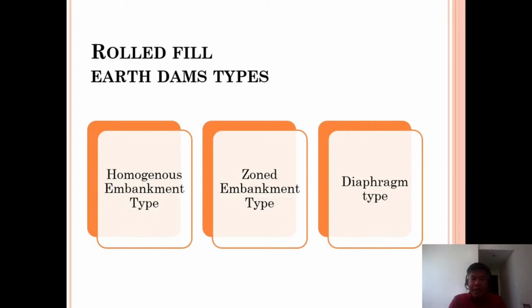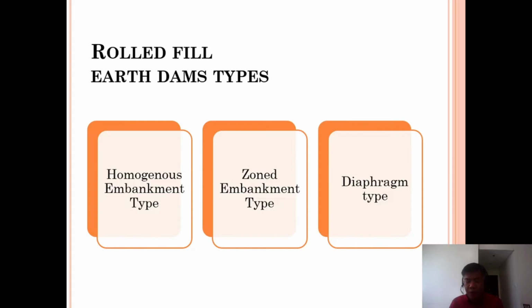Another one is the zone embankment. From the word alone, zone, there are different zones in it. There could be a core, and there are outer and inner layers. So the whole of the earth dam is no longer homogeneous because you are going to place different materials, some of which are finer, while others are granular.